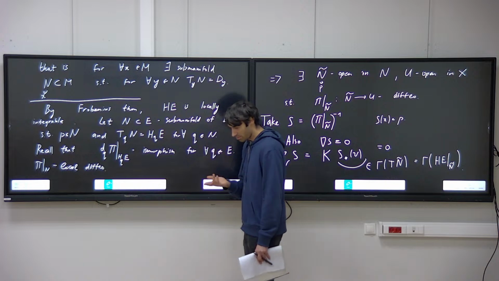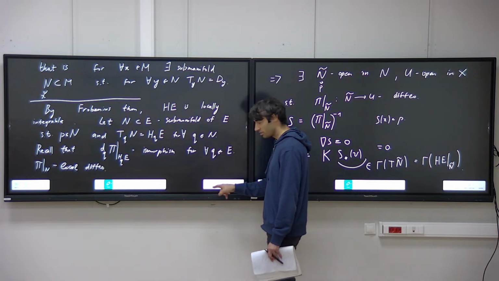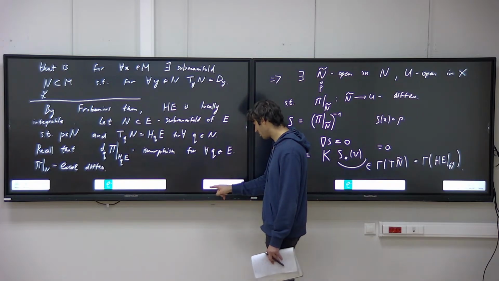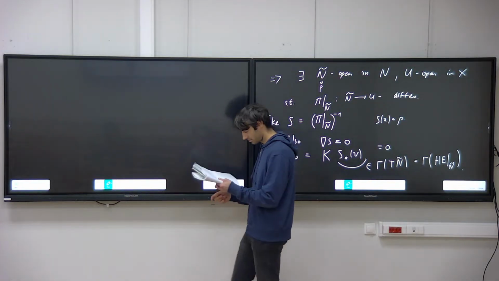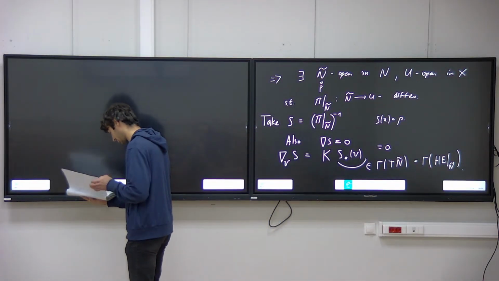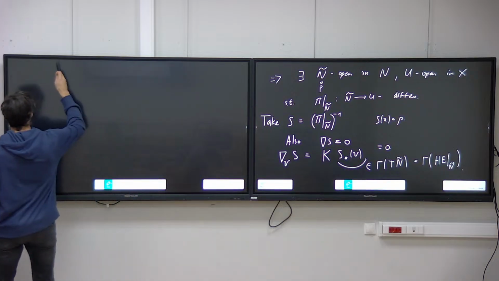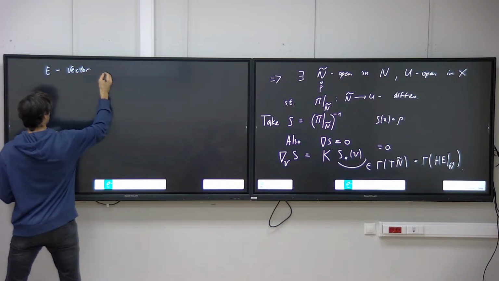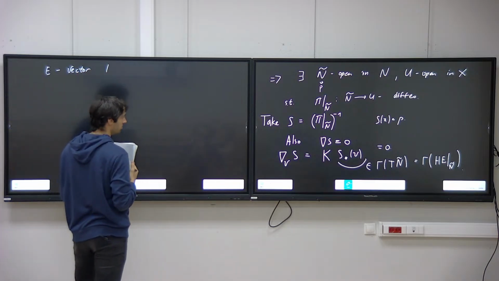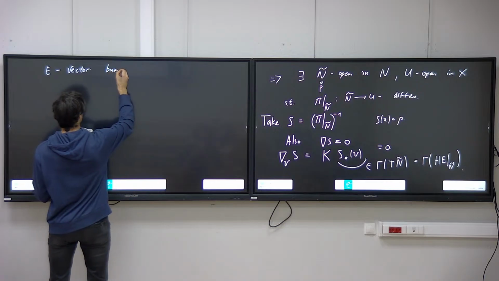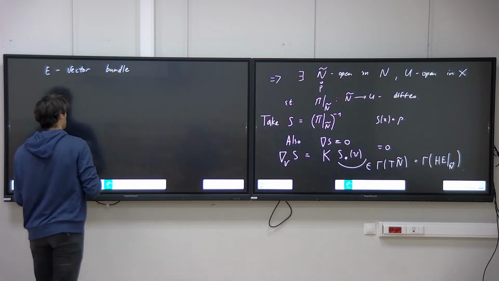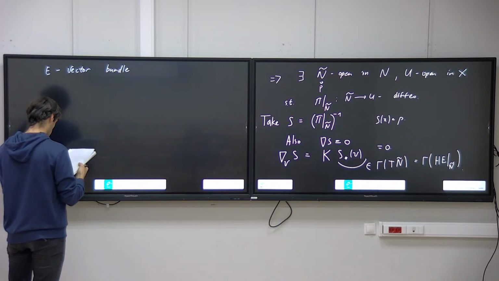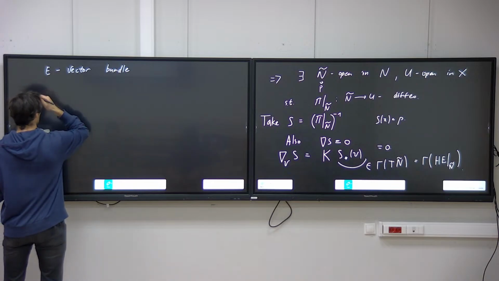Also, maybe you saw another definition of curvature, which was not like that, but rather for vector bundles. So if my E is a vector bundle, I can define the following tensor. Just a notation, right?